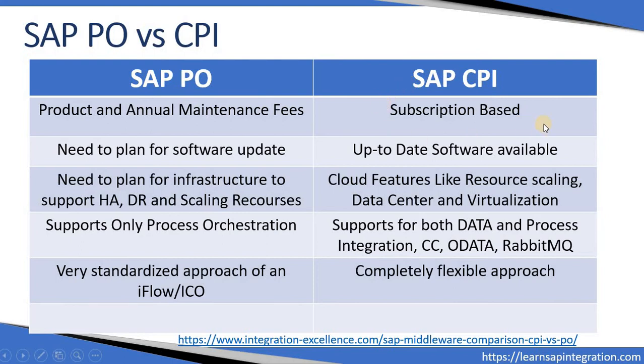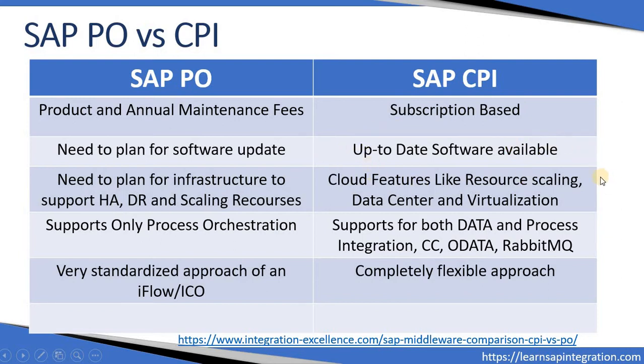If it is CPI, it is completely subscription based. If you're using two connected applications, it's a different subscription, and it is one connection, or the total number of GB also matters. It is completely subscription based. So in CPI, there is always up-to-date software available.